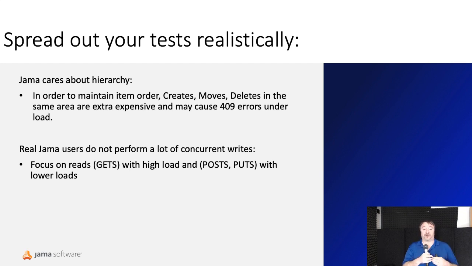So you're loading up a filter, looking at items, reading items, loading the tree, changing projects, and then you might create one item every few minutes or in a folder. And a lot of workflows like create item 1, create item 2, create item 3, or maybe you're a developer and you're editing an item, but you're not having hundreds of people at the same second doing that. So just make your test realistic and you'll have fewer conflicts.